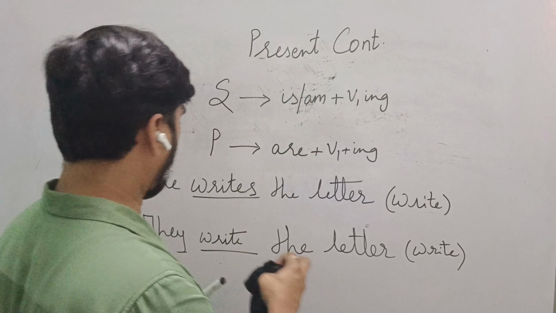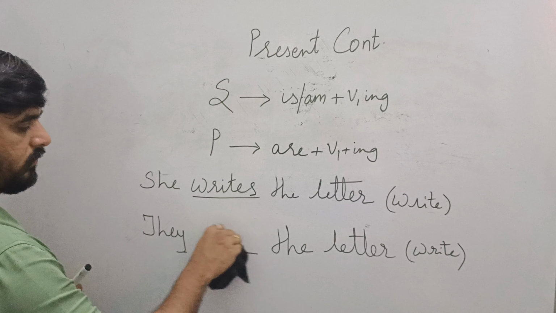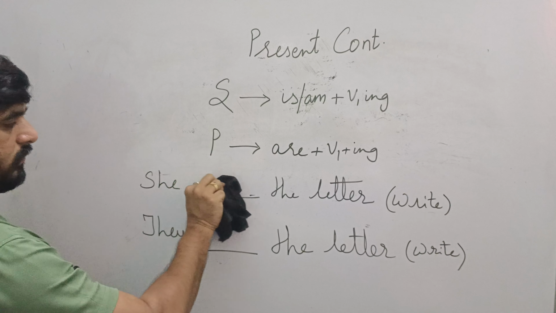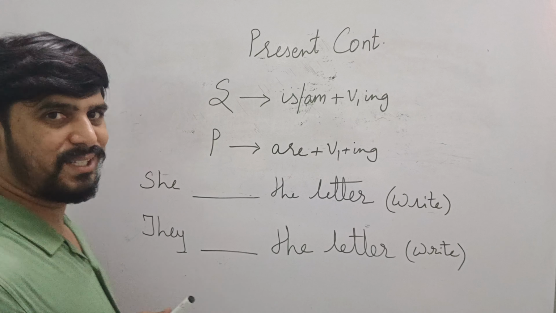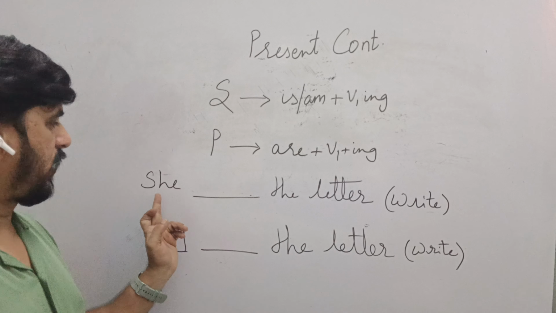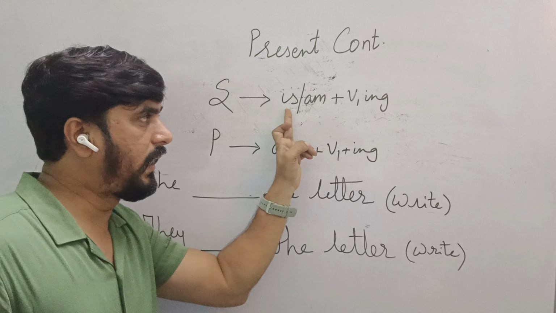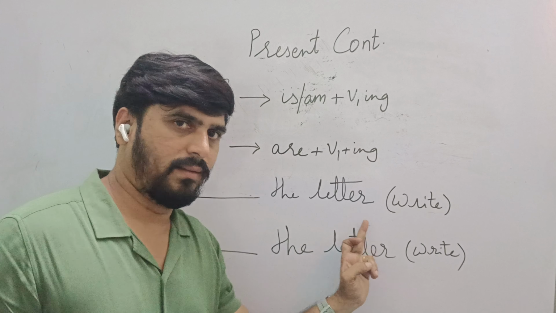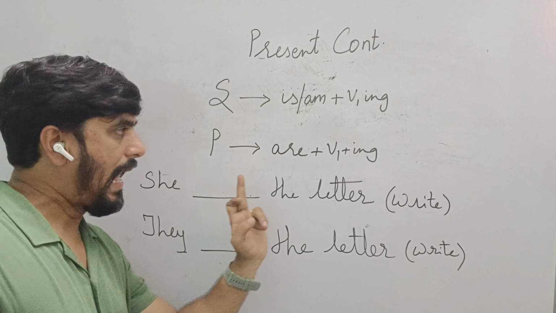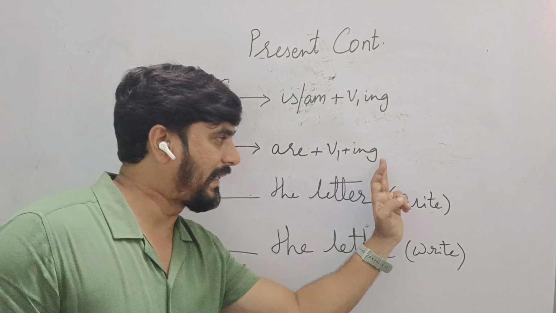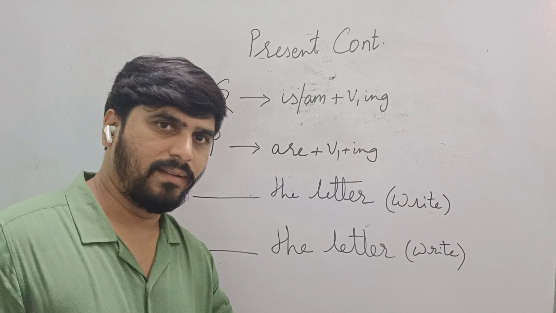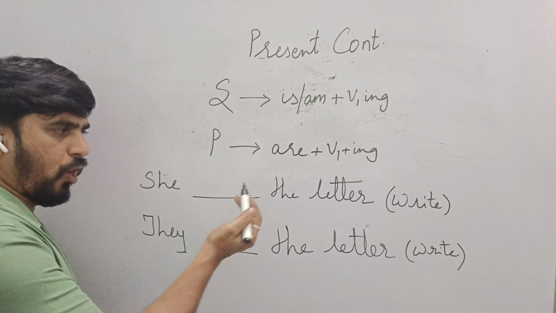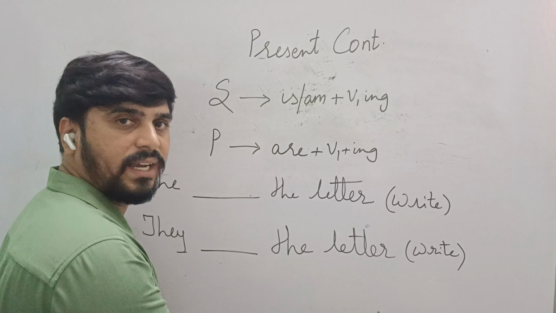Now beta, look how the example changes. She is writing the letter. They are writing the letter. Subject is the same, object is also the same. What are we changing?